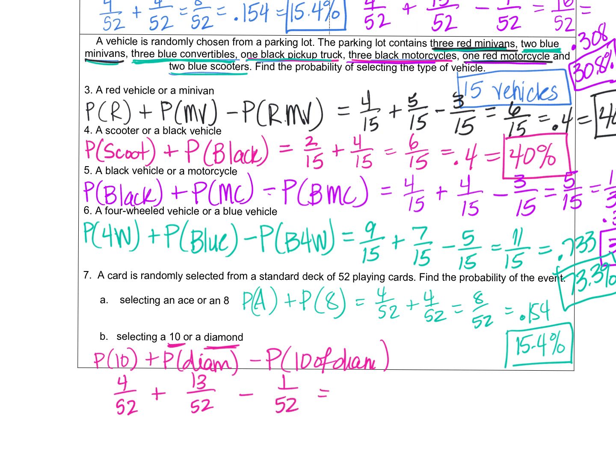Same thing, 16 over 52. 0.308, so 30.8%. So anytime you're choosing between a card and a suit, it's always going to be 30.8%. And that sums up disjoint and overlapping.